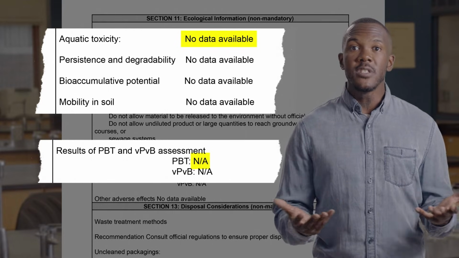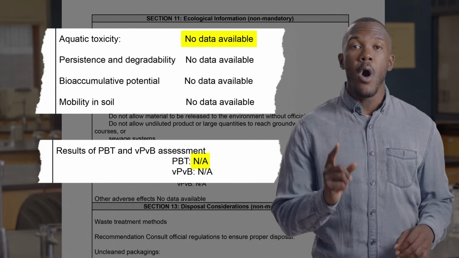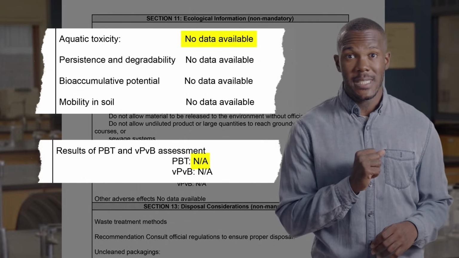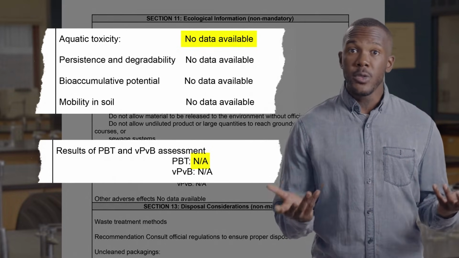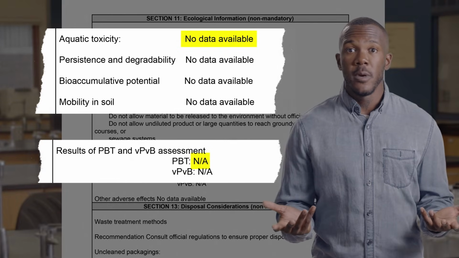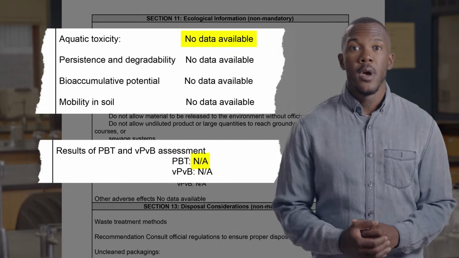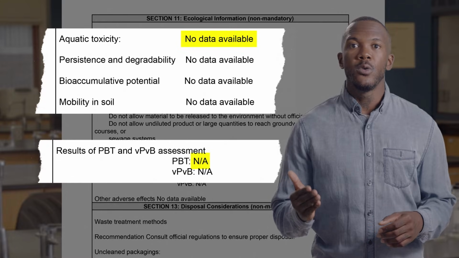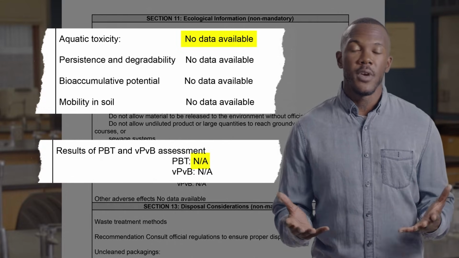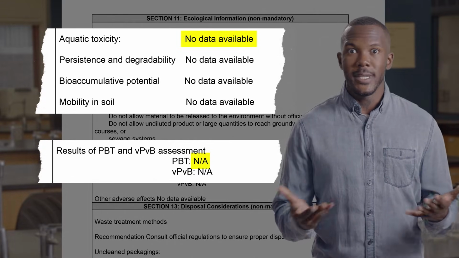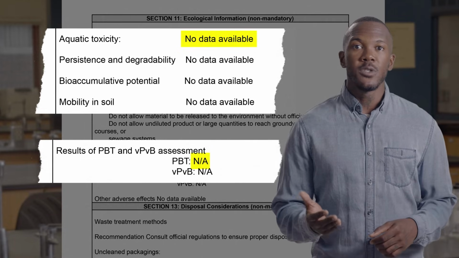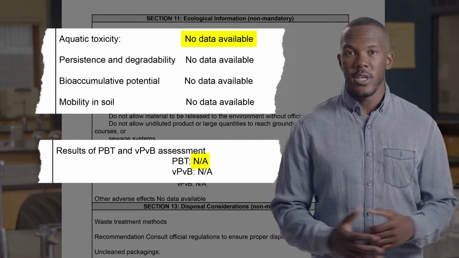After all, there are many tens of thousands of chemicals in use, but only a small percentage have been tested for toxicity. Or it could be the person who wrote the SDS simply didn't include information that is readily available. Above all else, you shouldn't interpret no data to mean this chemical is safe. It just means we don't know or we didn't look. For common chemicals, there shouldn't be many of these no data entries.